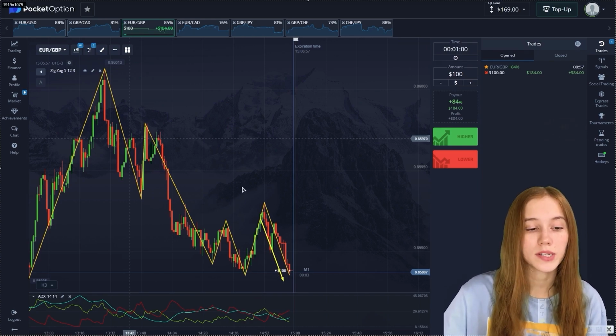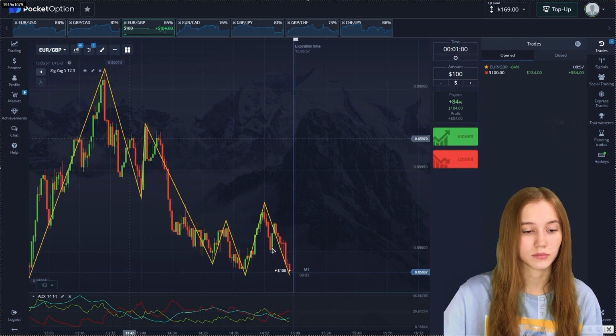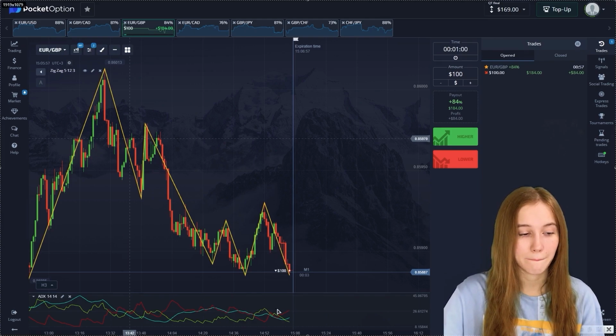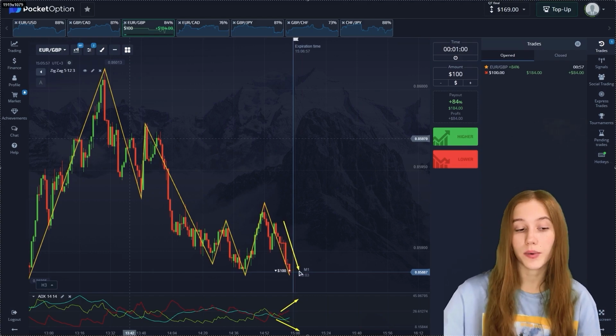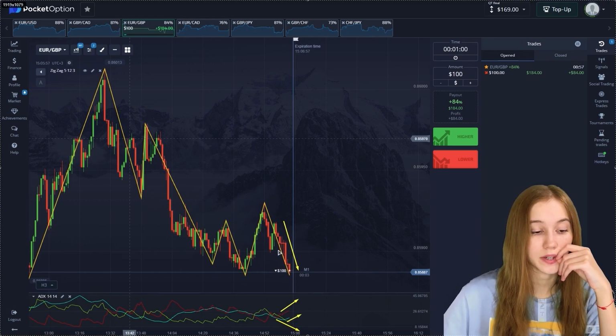So a down trade, what we see from the indicator by ADX. Yeah, it's decreasing, so the intensity is growing. The chart is going down.